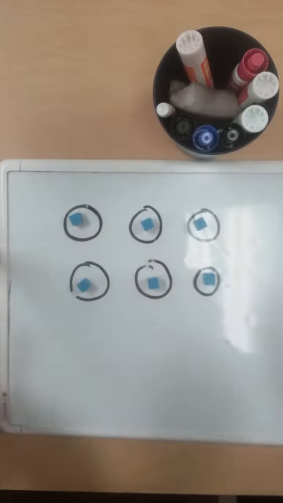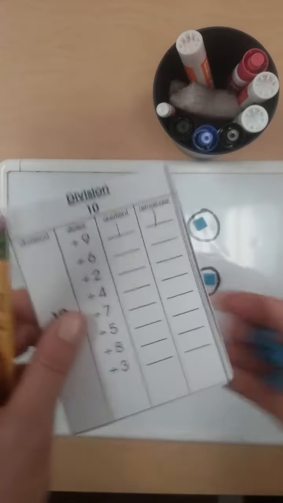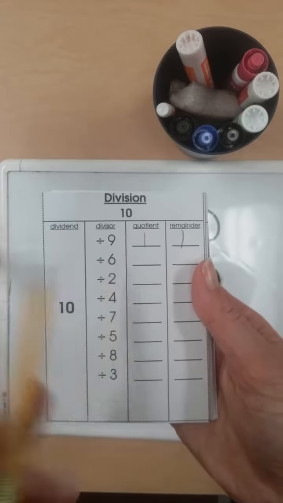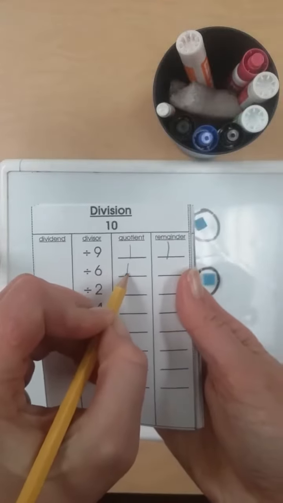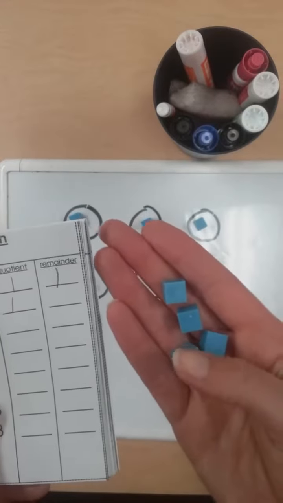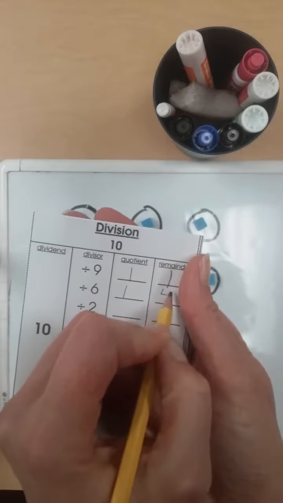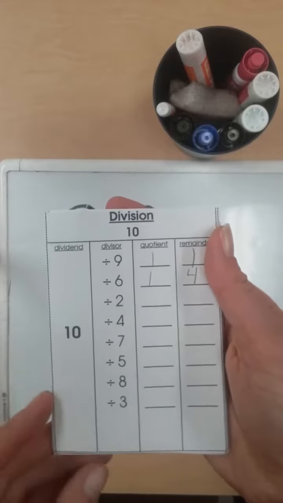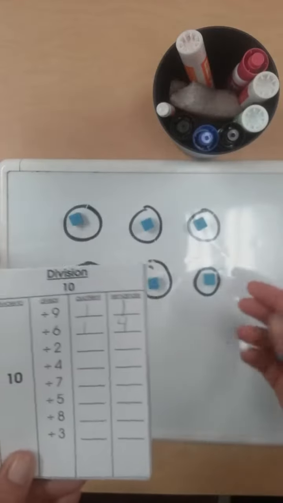So this is the remainder. So on our little paper, 10 divided by 6 equals 1, again, because there's 1 in each group, but this time it's remainder 1, 2, 3, 4. So remainder 4. I'll do a few more of these, so you can get the hang of it.